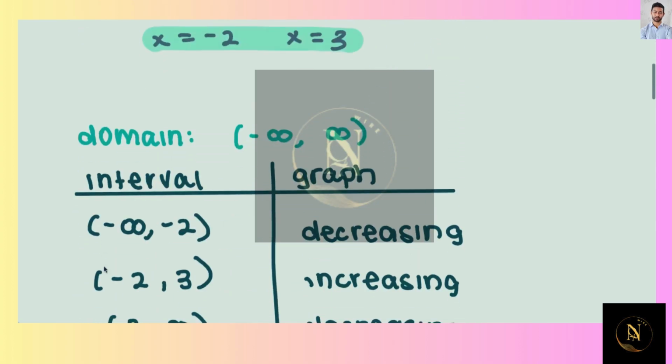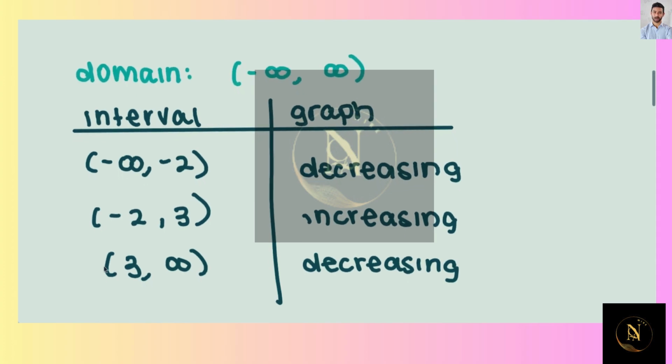And then we can use this information to find the intervals of increase and decrease. The domain of this function is negative infinity to infinity, so all real numbers. So then what we're going to do is take the intervals within our domain and determine if our function is increasing or decreasing in that interval.